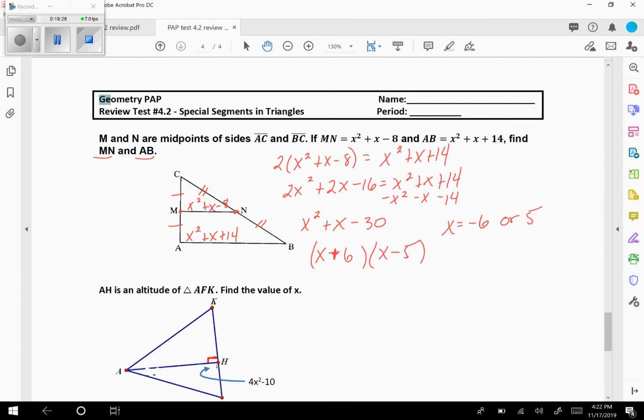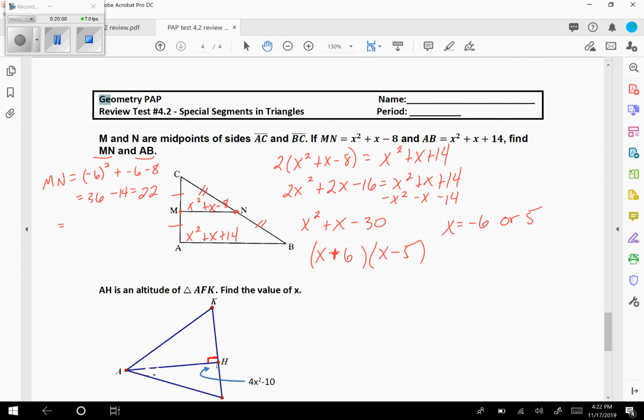Okay, and then it says find the lengths of MN and AB. So now we've got to plug in here. So MN, okay, we'll do negative 6 squared plus negative 6 minus 8. So this is 36 minus 14. Okay, so 6 minus 4 is 2, and 3 minus 1 is 2, so it would be 22.